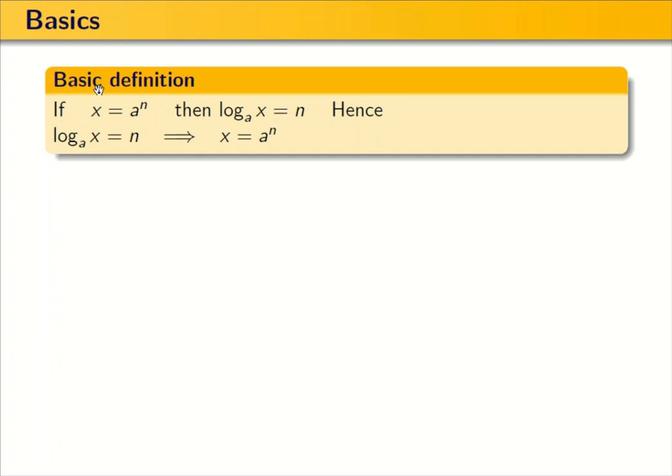So if x equals a to the power n, then the logarithm of x to the same base is equal to the power n. Hence, if I have logarithm of x base a equals n, then I can rewrite the whole of this as x equals a to the power n. In other words, x equals this base raised to this power. Keep this in mind because we will use it.